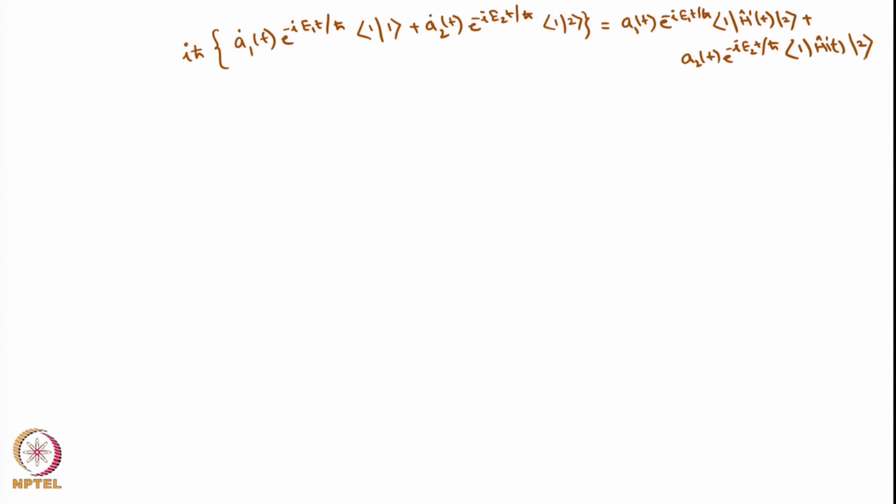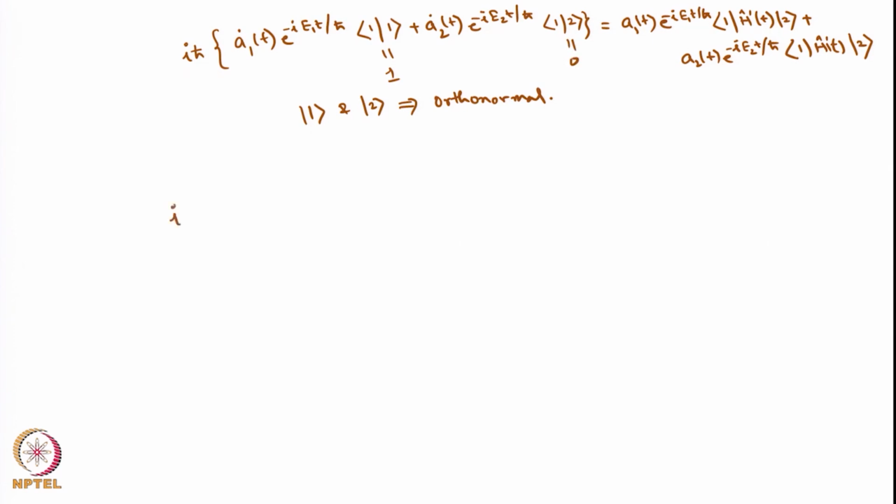Now let us look at this. Now we know the wave functions ψ1 and ψ2 are orthonormal, which means one overlap integral will go to 1 and one overlap integral will go to 0. That means on the left hand side only one term will survive.